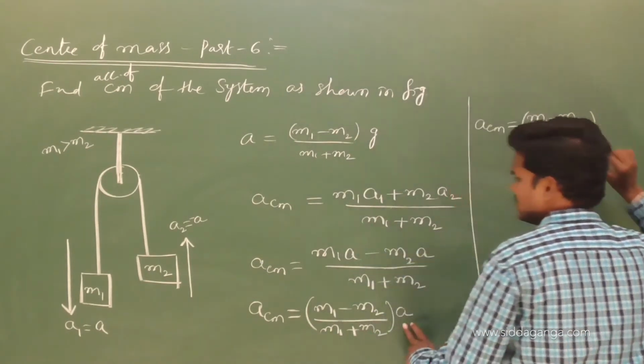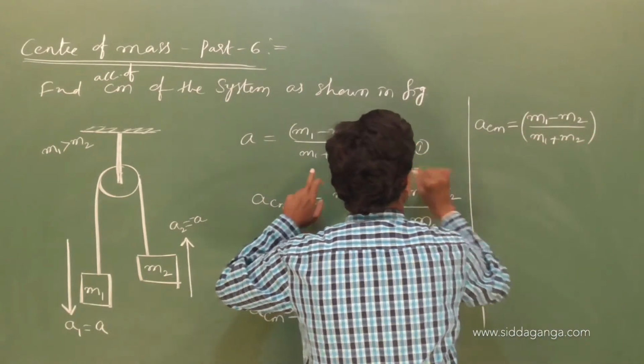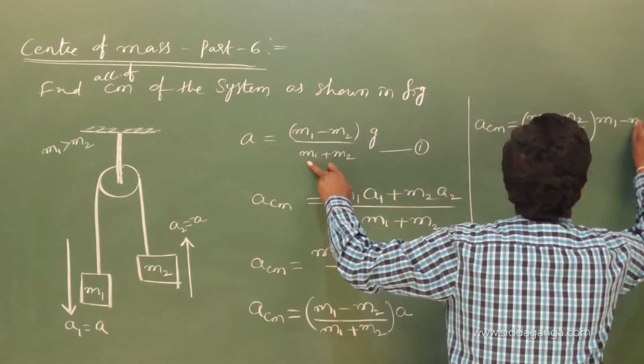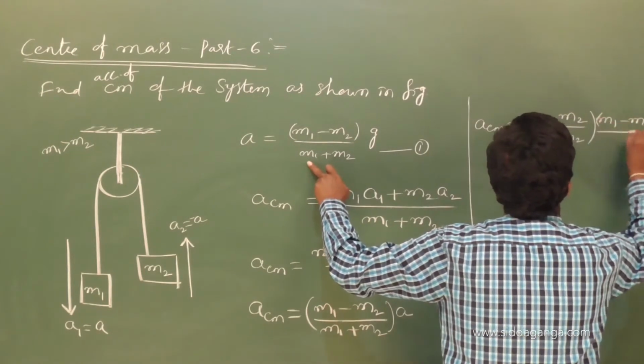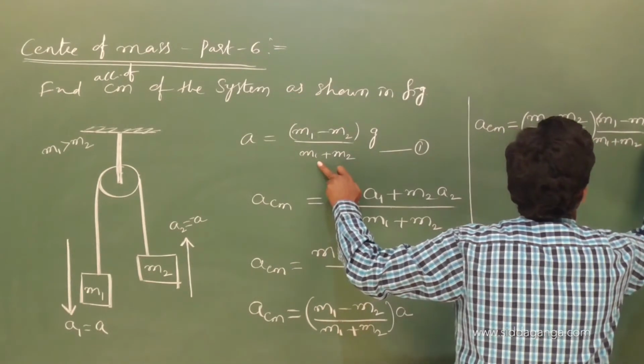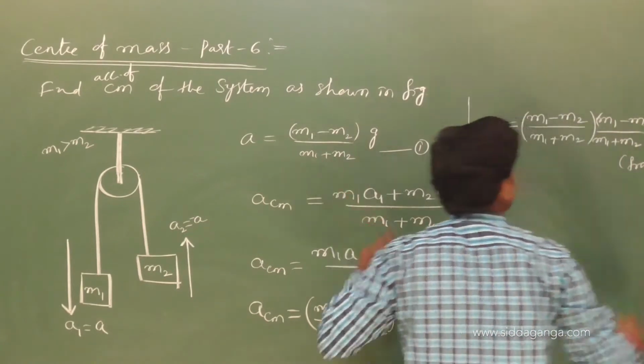What is a? A from this equation, from equation 1. So from 1 we can write m1 minus m2 by m1 plus m2 into g. So this is written from equation number 1.